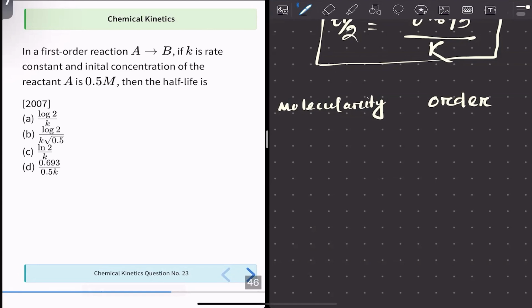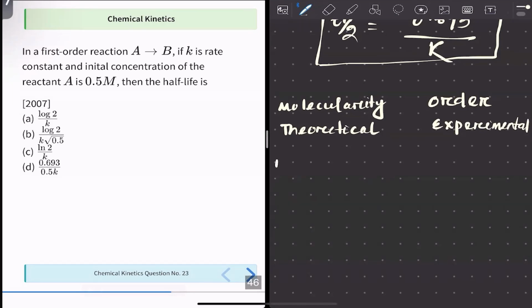So what will be the difference between them? Molecularity is a theoretical concept, but order is experimental. What will be the value of molecularity? Can it be negative? Can it be fraction? No. It is always a whole number.